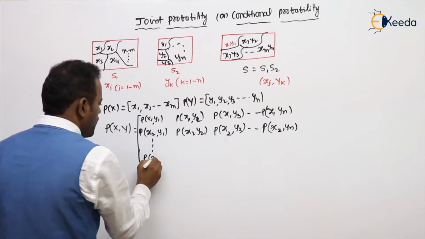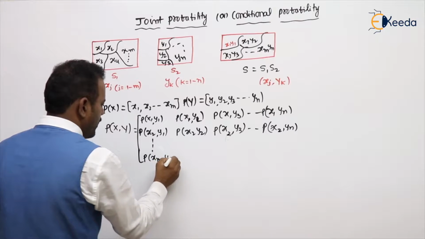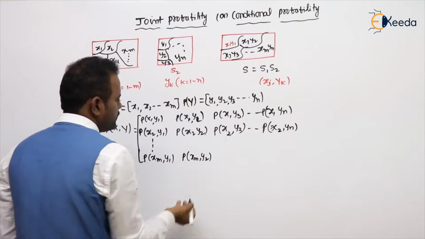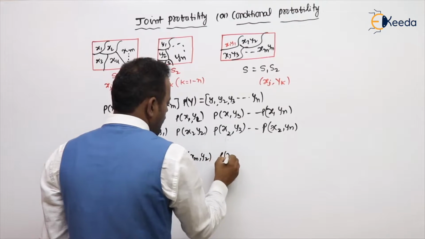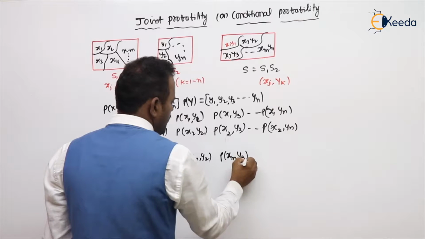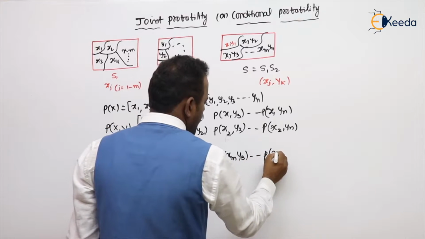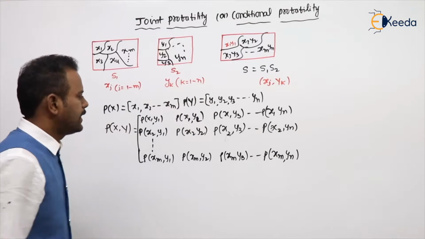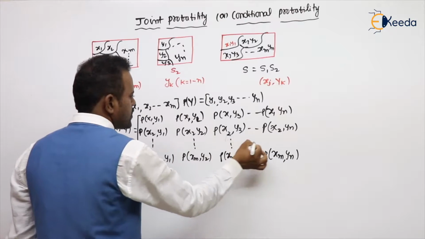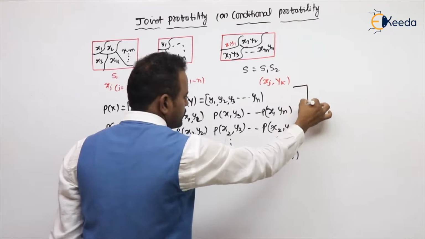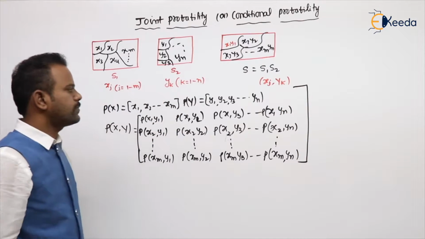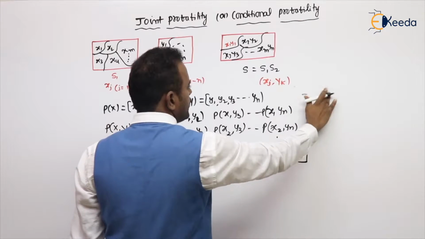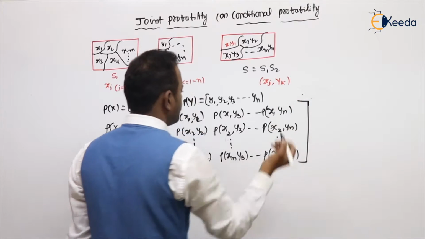So P of xm y1, P of xm y2, P of xm y3, and so on, up to P of xm yn. That is the last row. This is the complete joint probability set.